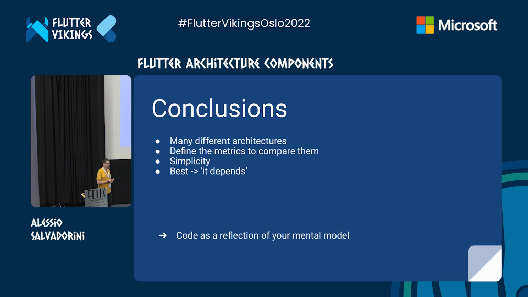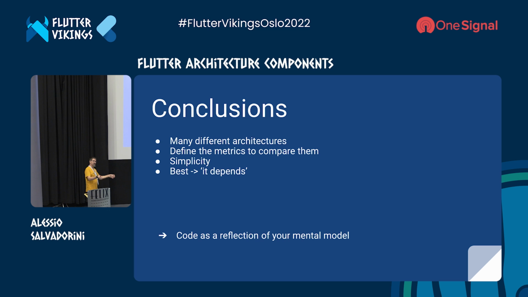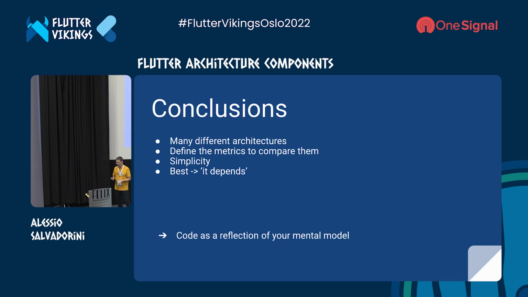What I see is that architecture is never talked about in the team or in the company, or rarely talked about. When you enter a team, you ask, why do we use this architecture? Sometimes you don't even get answers. And sometimes not all the team is on the same page on why this architecture was chosen and based on which metrics and reasoning.